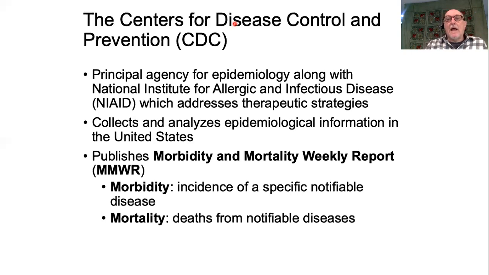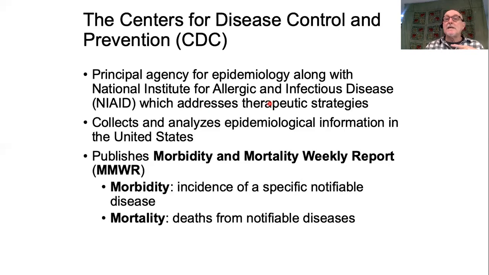It acts in coordination with the National Institute for Allergy and Infectious Diseases, NIAID, and that is where the famous Dr. Fauci works. So the Centers for Disease Control and NIAID, together, are our principal repository of immunological knowledge, and they are responsible for collecting and analyzing all the epidemiological information.